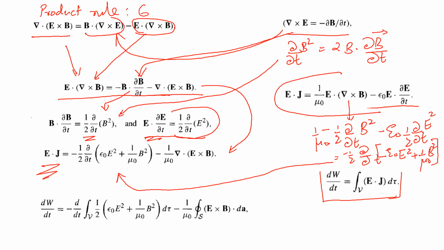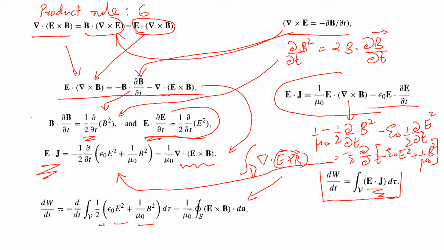So the integral of E dot j is substituted here. Half is there, epsilon 0 E square, 1 by mu 0 B square d tau, minus again the integral of del dot E cross B. It is actually a volume integral of del dot E cross B, but that can be changed to a surface integral.